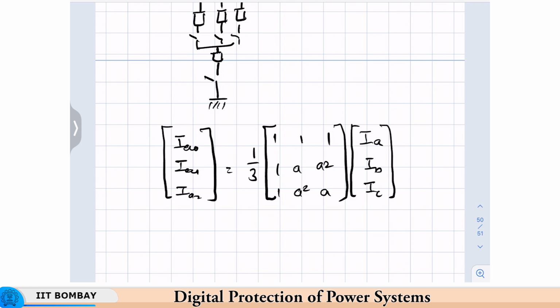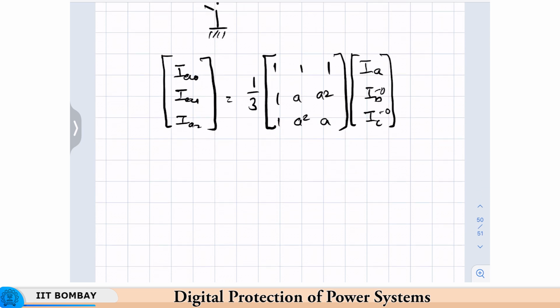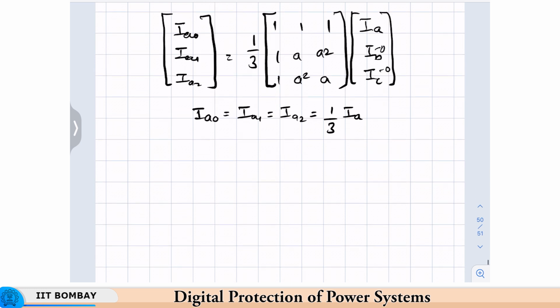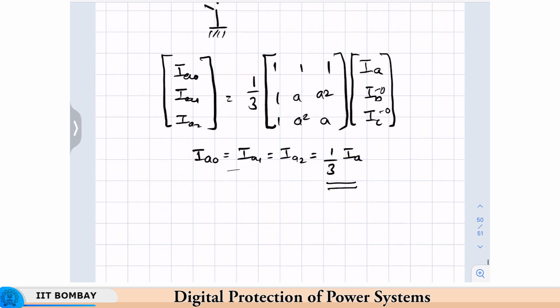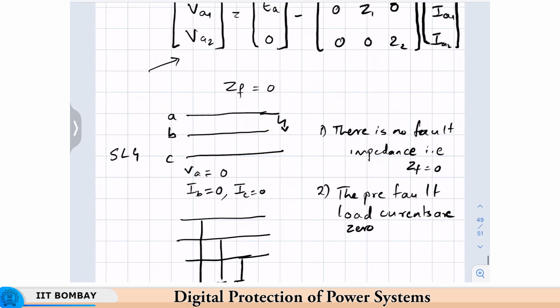But in our case this is 0 and this is also 0, which gives us this. So, if you see, all the sequence currents are the same and they are equal to 1/3 of IA, which suggests a series connection of sequence networks. We will see that when we plug these values into our matrix equation here as well.